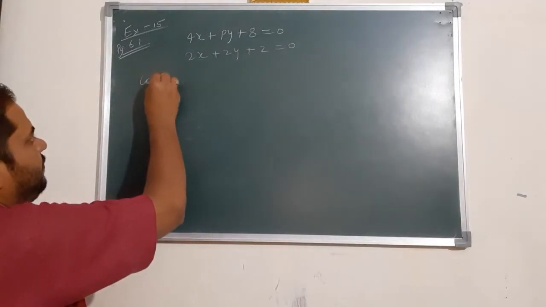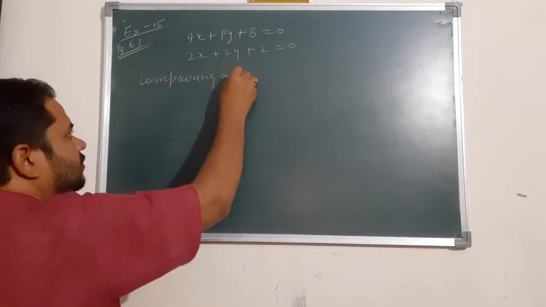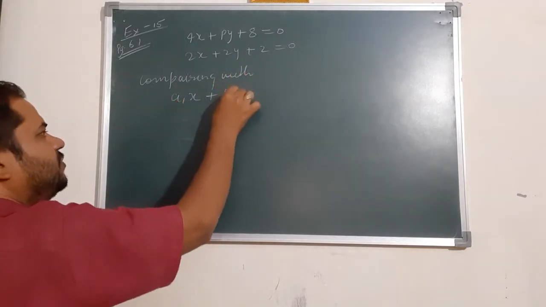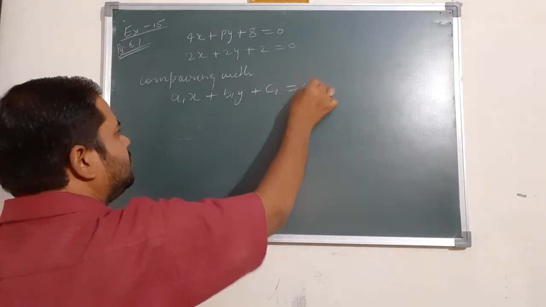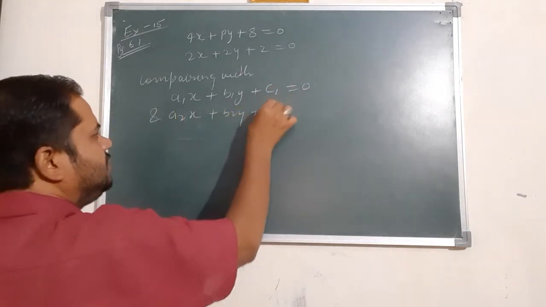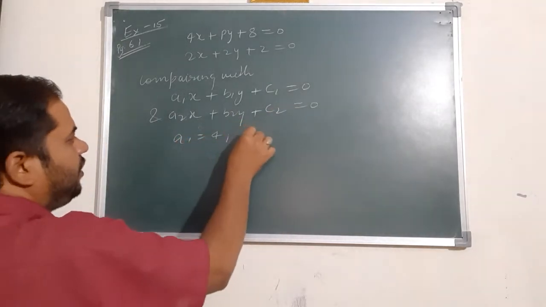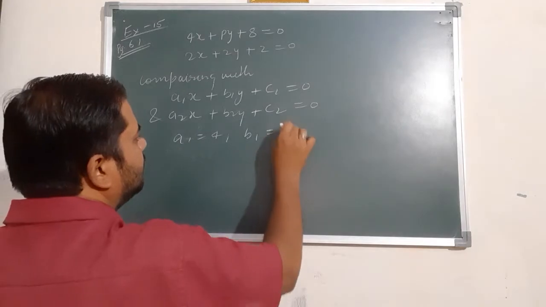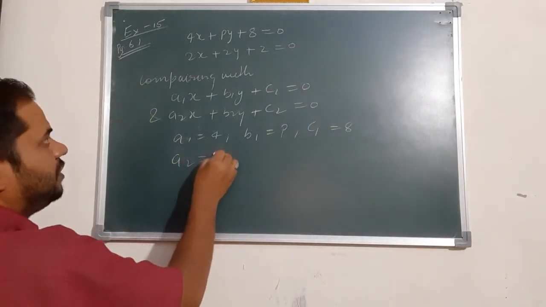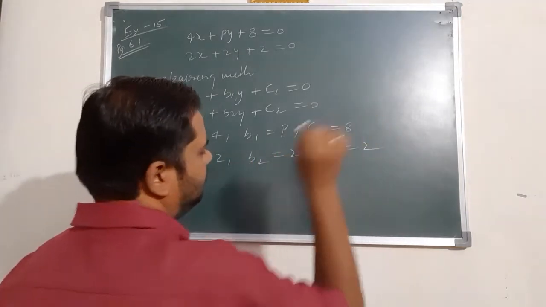So comparing with a1x plus b1y plus c1 is equal to 0 and a2x plus b2y plus c2 is equal to 0, a1 is equal to 4, b1 is equal to p and c1 is equal to 8, a2 is equal to 2, b2 is equal to 2 and c2 is equal to 2.